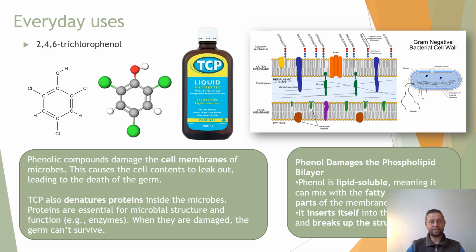When it comes into contact with a cell, and it can be any kind of cell, then what it does is it can insert itself in that phospholipid bilayer that forms the cell membrane. And in fact, disrupting the strength of the membrane, basically it gets its way in there and it ruptures the membrane, allowing all of the insides of the cell to pour out.